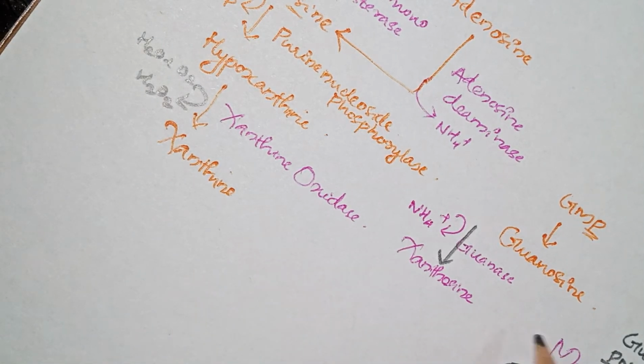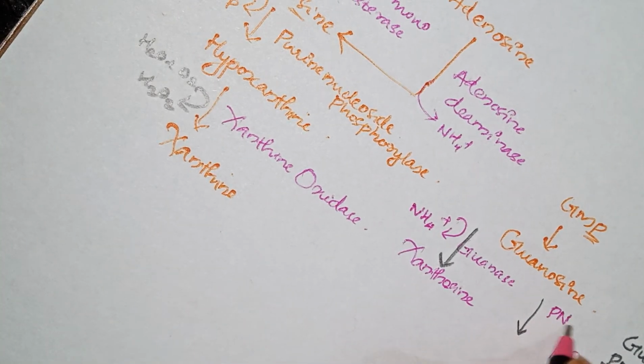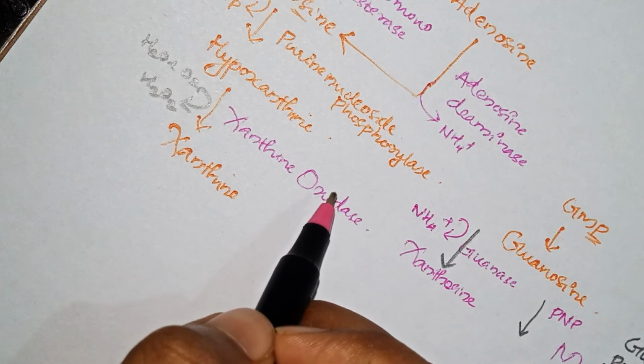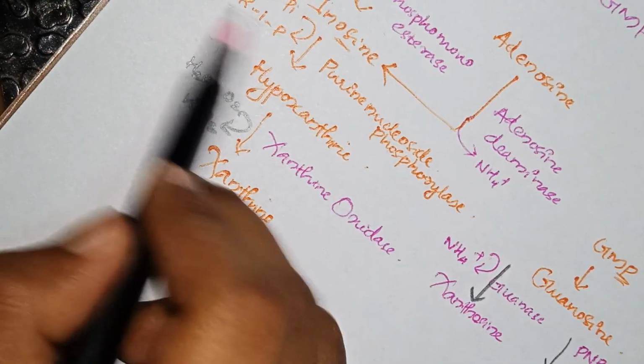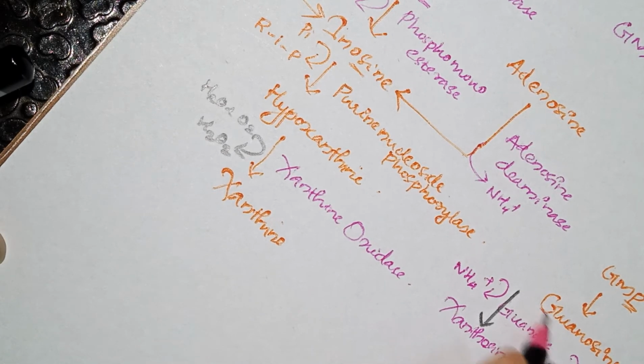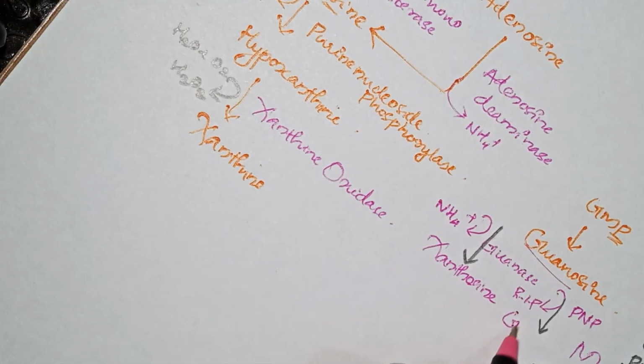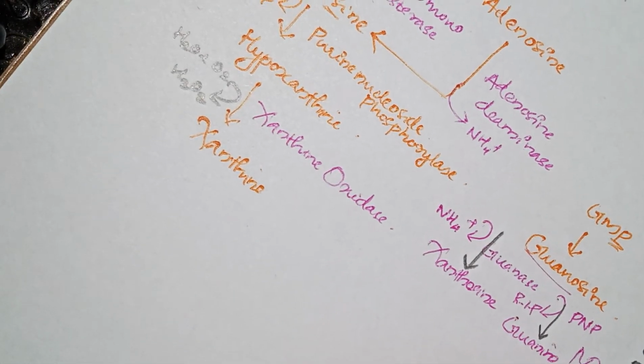If the enzyme acting is PNP, that is what we use for removing our sugar group, so here also we will remove our sugar, that is ribose 1-phosphate. So the corresponding nitrogen base, that is guanine, we will get.